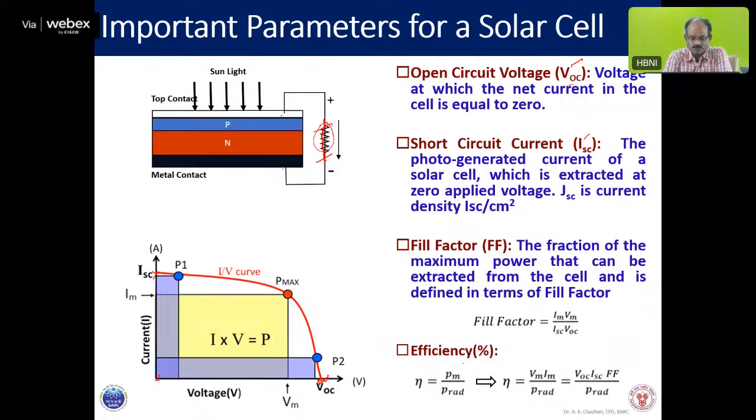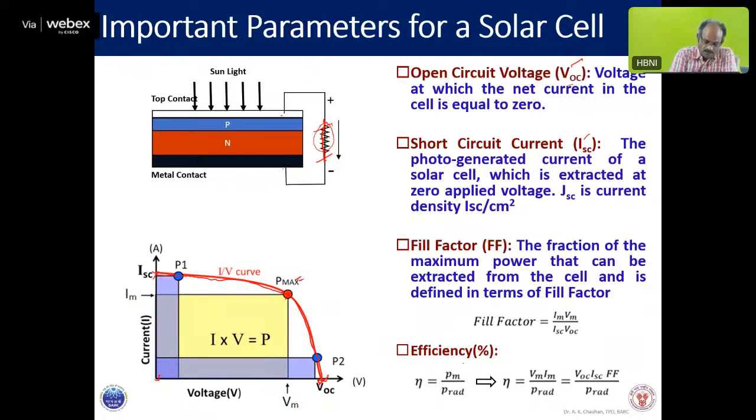We want to draw the power from the solar cell, so both of these points have no significance to us. If we follow this path with a varying load, you will follow a path like this. At a certain point you will have the maximum power, and that point is called the Pmax point.